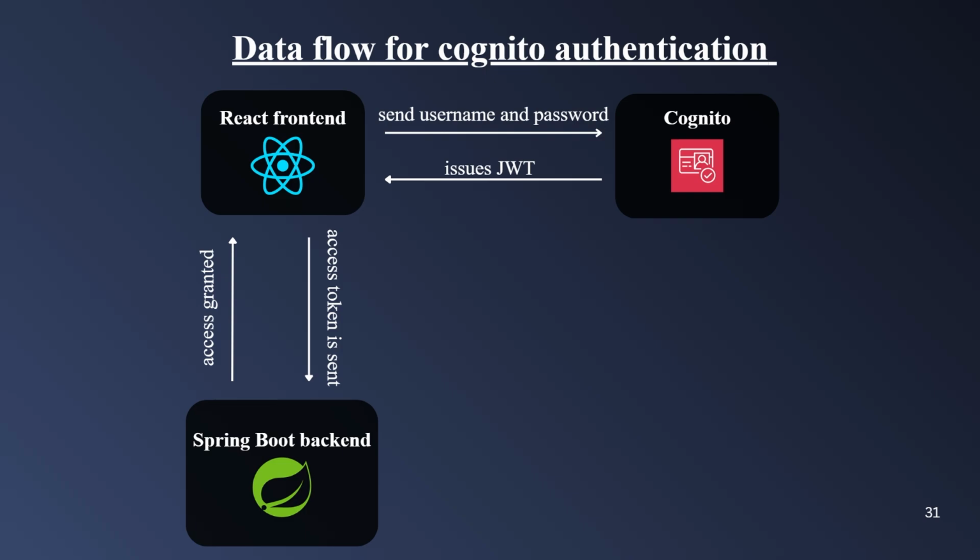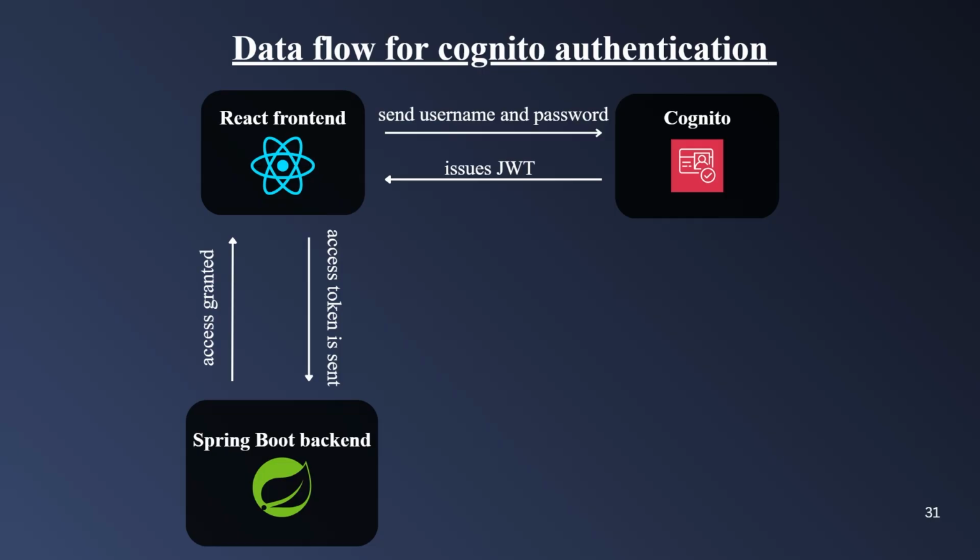And now if you want to access, say, a certain protected URL, you send this JWT to your backend, and your backend, remember it's asymmetric, right? So your backend has to download those public keys and verify it, asymmetric encryption. And then once it's verified, access is granted.